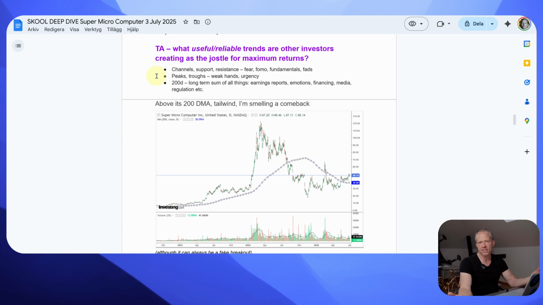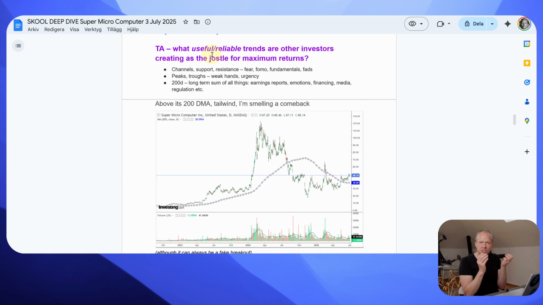So, technical analysis, what is it really? Well, it's about finding useful, reliable enough trends that other investors are creating as they jostle for maximum returns. So remember, what is the market? It's a lot of other players trying to jump between different asset classes and different stocks in order to find the one that's moving now, that is undervalued now, where they try to catch on to trends of yet other investors.